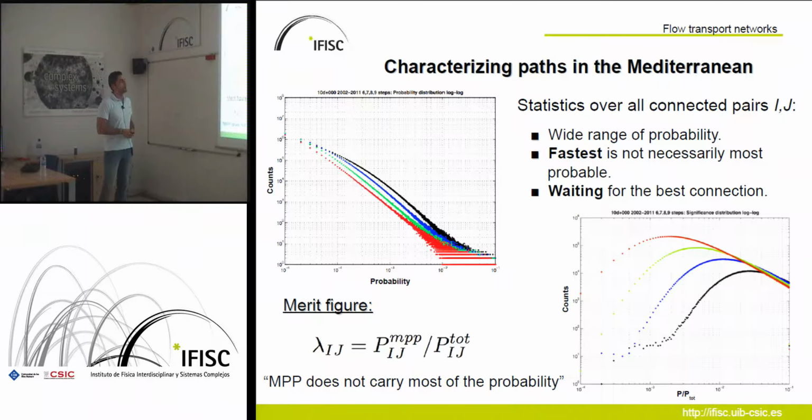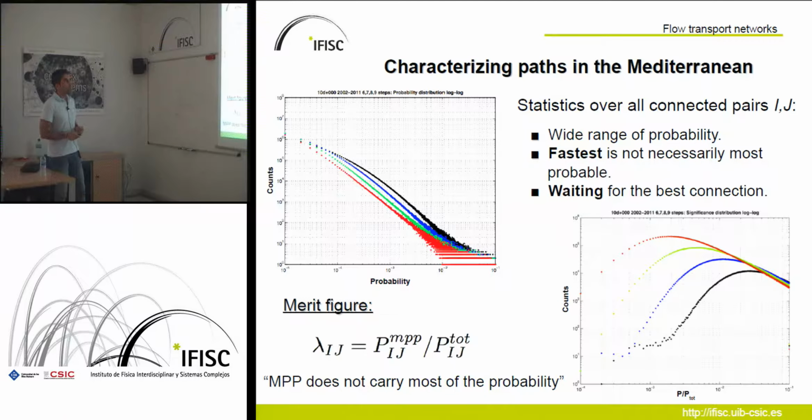For example, the fastest path that we can also find by our analysis is not necessarily the most probable one. So we can have a connection that is really fast between 2 nodes, but it's not the most probable one. And maybe we have to wait some steps more to have the most probable connection.